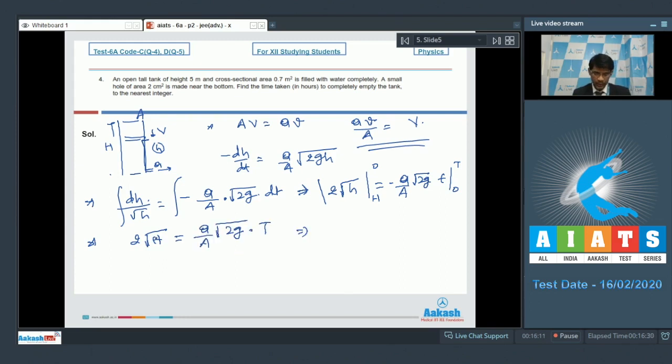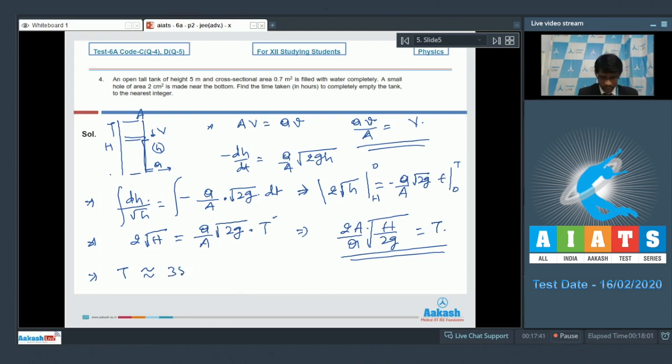Now from this equation please calculate this t. So it will be 2A/a on this side, H divided by 2g. This is the value of t. If we make this calculation, we'll get this value of t to be very close to 3500 seconds.